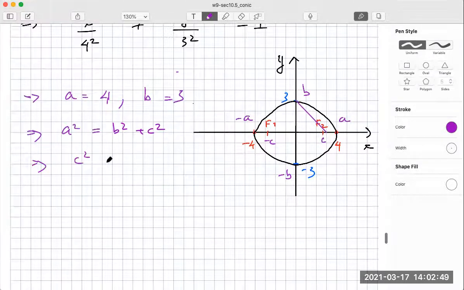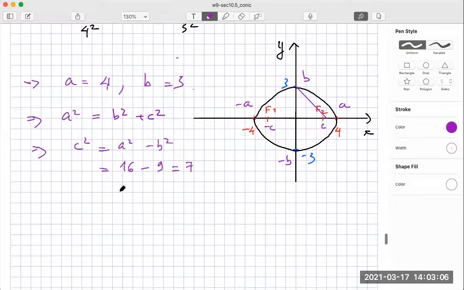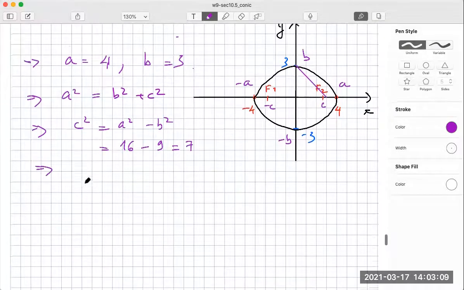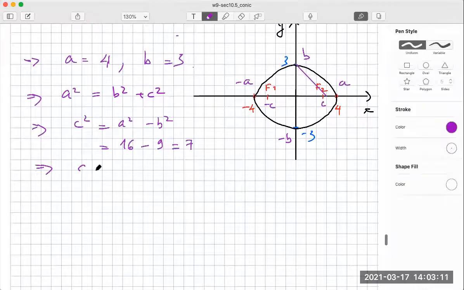So C squared will be A squared minus B squared, which is, what is it? Right. So C will be plus or minus square root of 7. So we know C, we know everything.